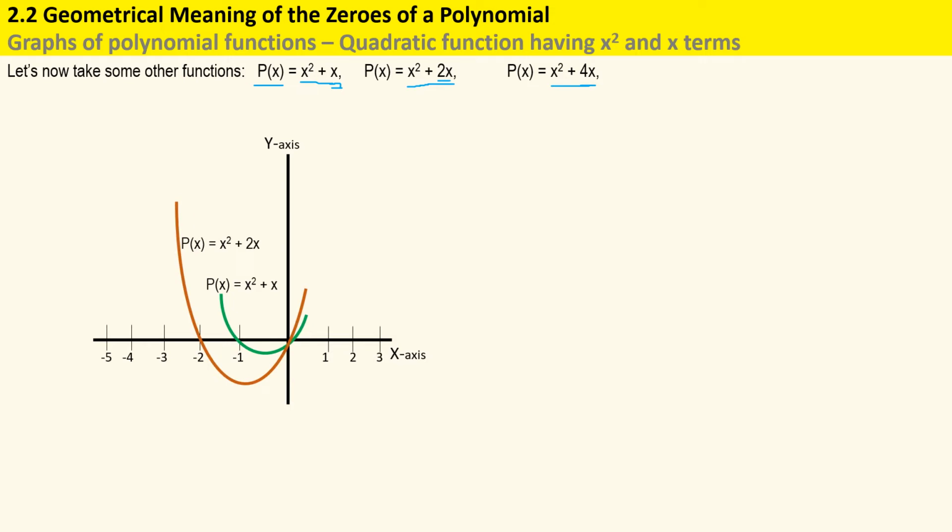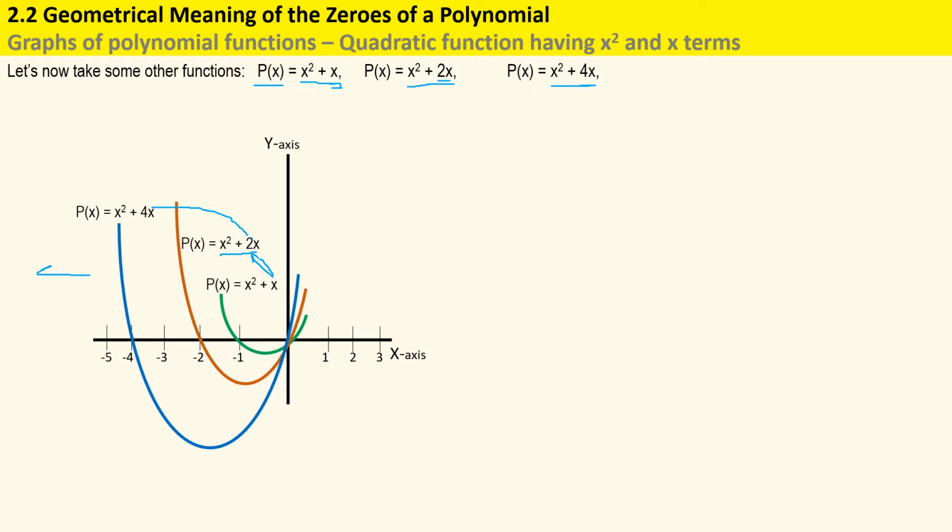Now let's plot p(x) = x² + 2x, and then let's plot the third function x² + 4x. So we see that as we are increasing the coefficient of x from 1 to 2 and then from 2 to 4, the parabola, or the graph, is shifting left.